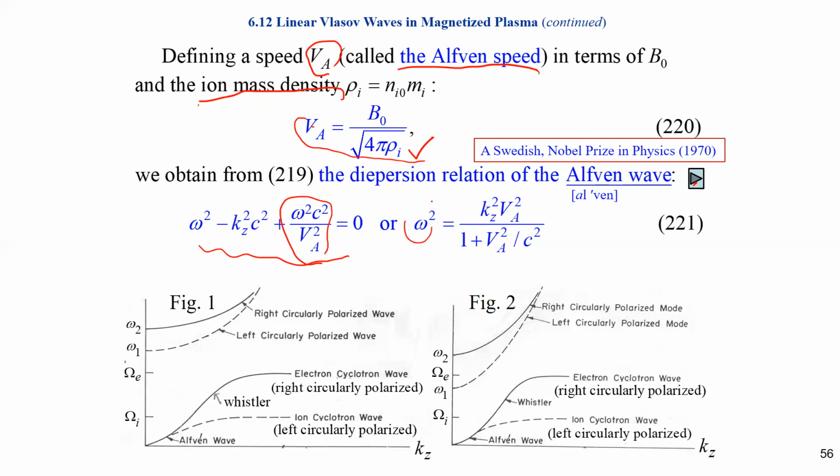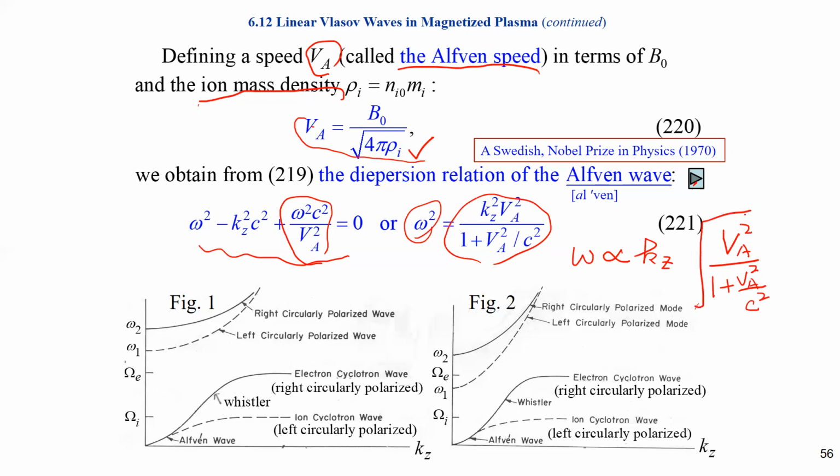So eventually we get these relations. The Alfven wave has a proportional constant. Therefore, omega is proportional to Kz, with the proportional constant VA over the square root of 1 plus VA squared over c squared. The proportional constant is here.